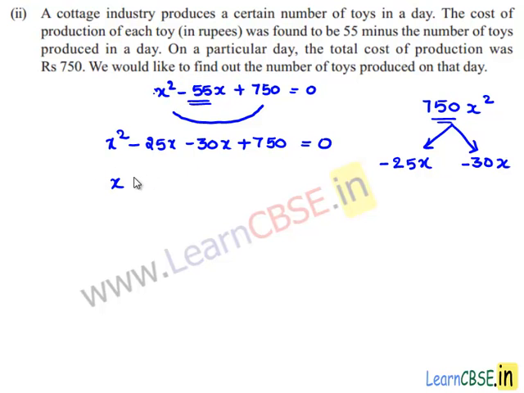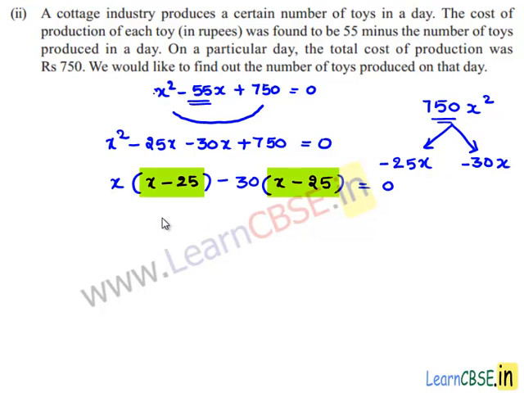x can be taken as common from the first and second terms. We get x times x minus 25, and from the last two terms minus 30 can be taken common, so this becomes x minus 25. x minus 25 can be taken common, and the remaining terms will be x minus 30. This is equal to 0.